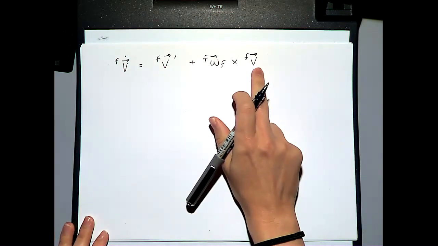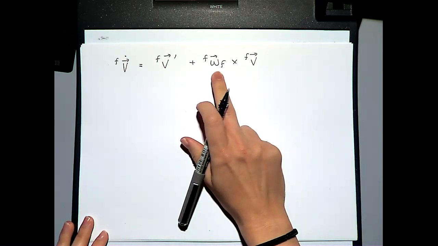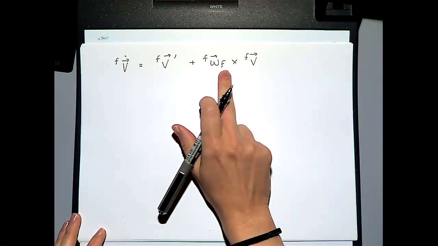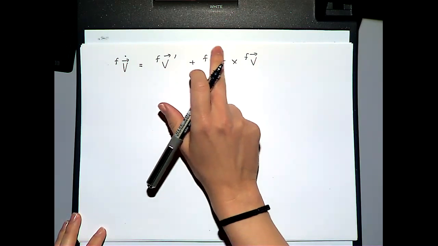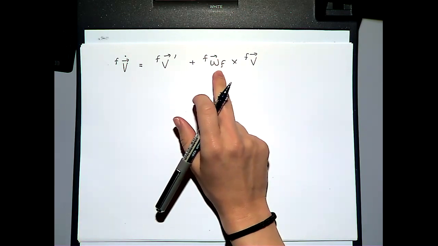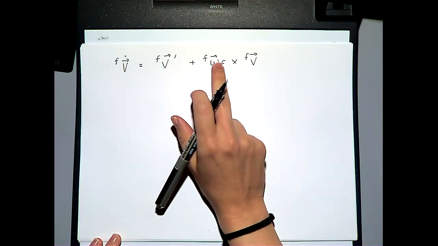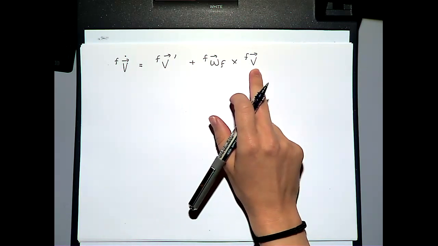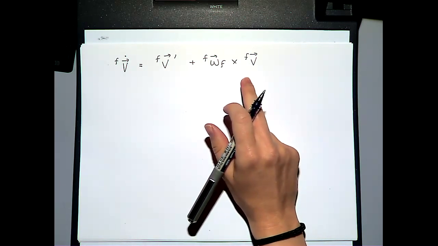So this is the vector itself. This is the absolute angular velocity of the frame. So there is no connection, no physical relationship between the absolute angular velocity of the frame and the vector you want to take the derivative of.